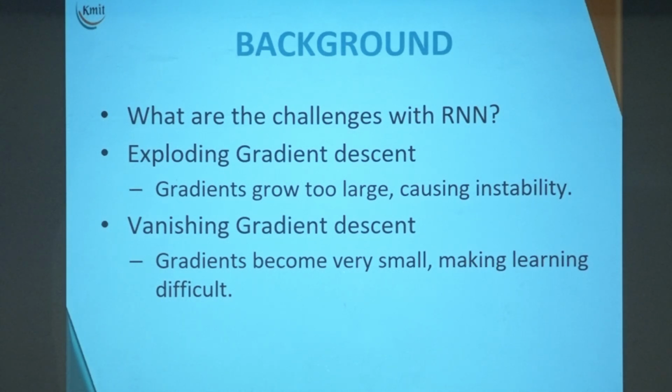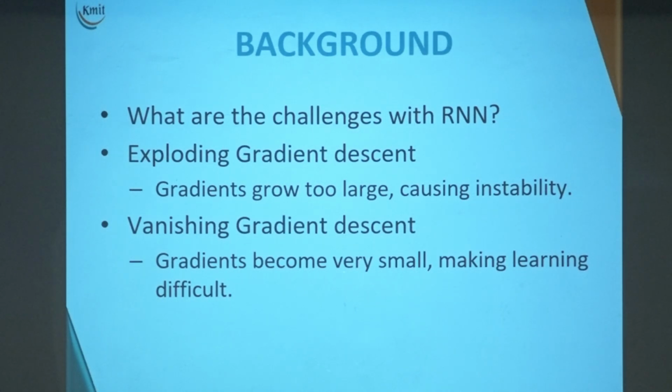So how do you update? New weight is equal to old weight minus whatever speed you want to go with, the learning rate hyperparameter, multiplied with the gradient. Now, imagine a situation where the gradient is so low that it is approaching 0. If the gradient is approaching 0, what is going to happen to the new weight? New weight is equal to old weight minus learning rate into 0.